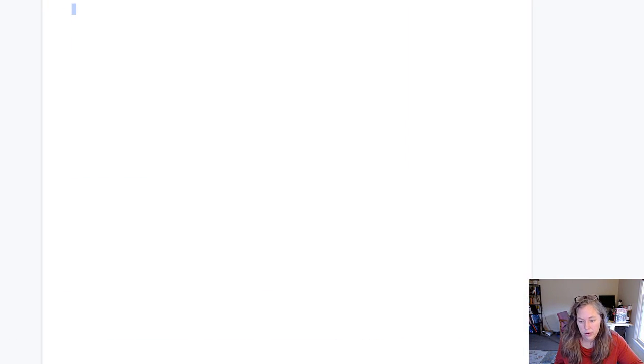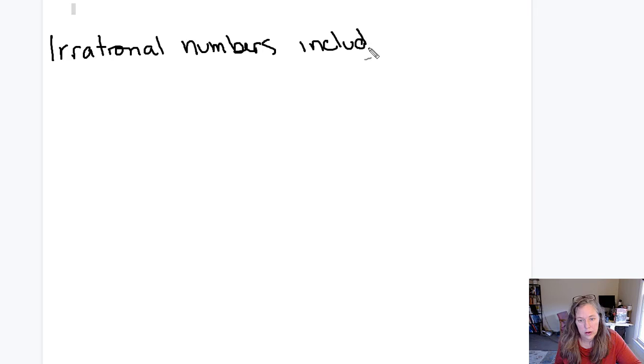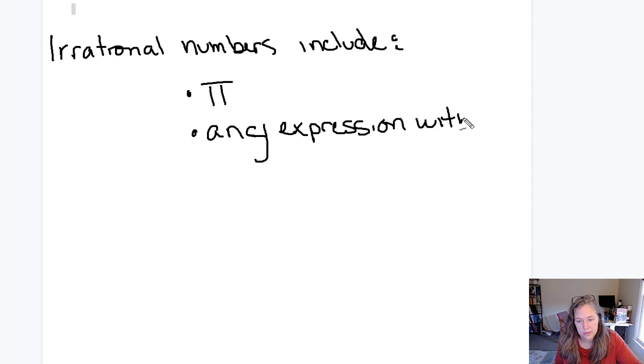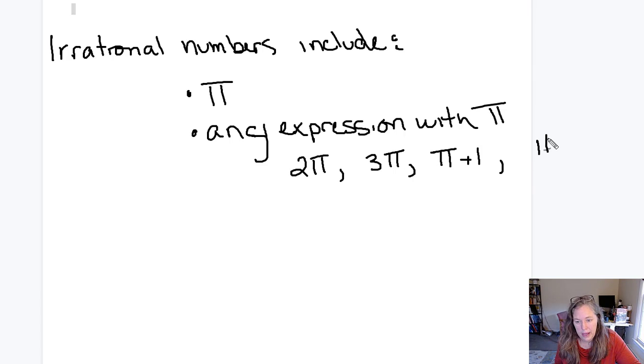All right. So irrational numbers include, besides pi, any expression with pi, like 2 pi or 3 pi or pi plus 1 or pi over 2.